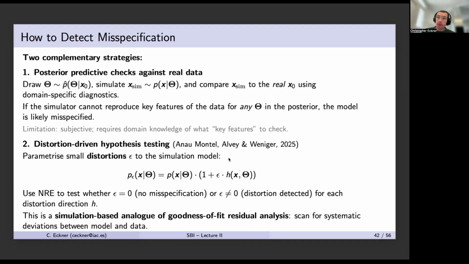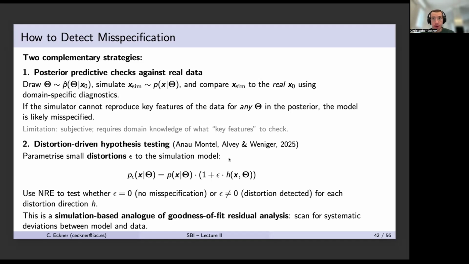Then you have neural ratio estimation at hand, which is a way to distinguish between different classes. The ratio estimation itself distinguishes between samples of target data sets and parameter samples, whether or not they come from the same joint or if they are marginal.